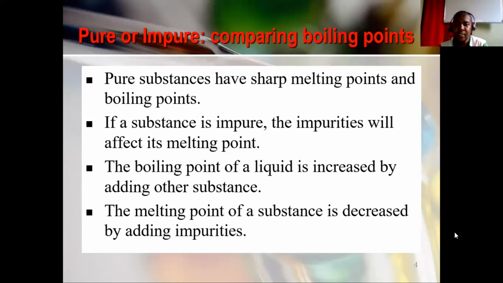Because adding impurities to a pure substance increases the boiling point. Yes, anyone want to try that one? There are more particles in the substance, therefore increasing the forces of attraction.